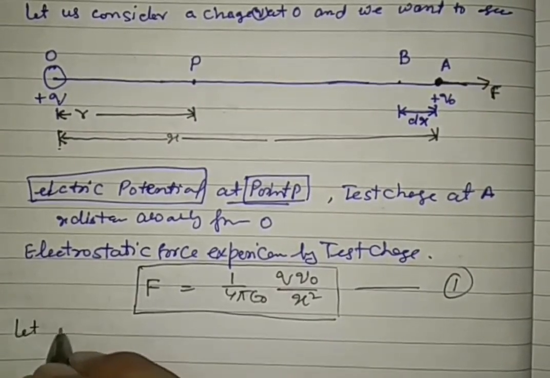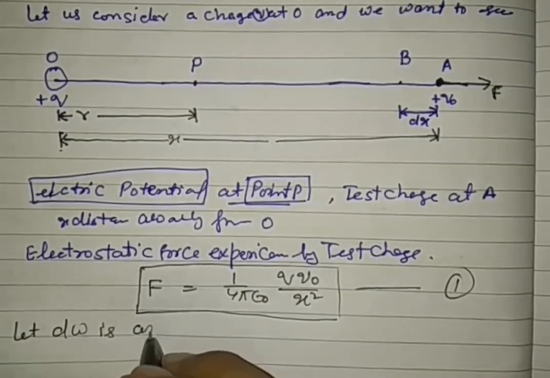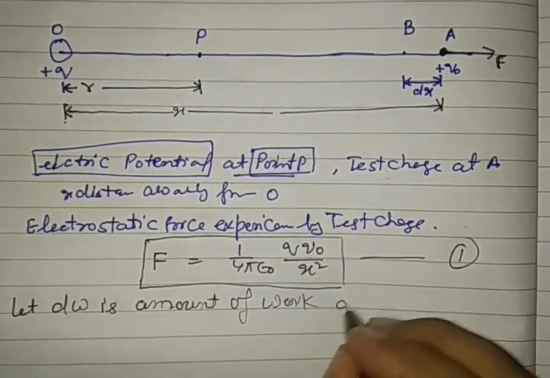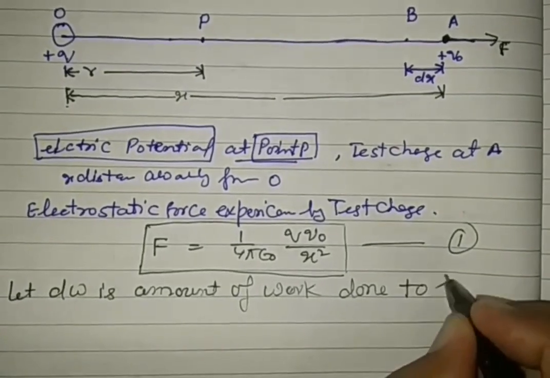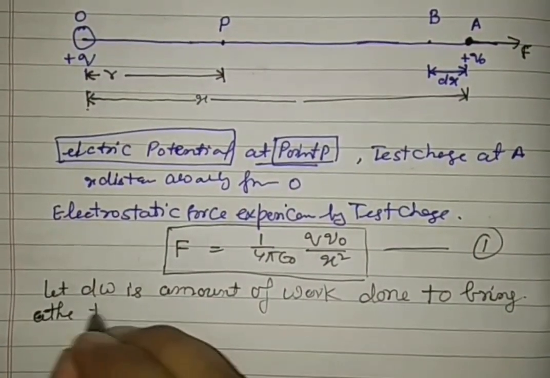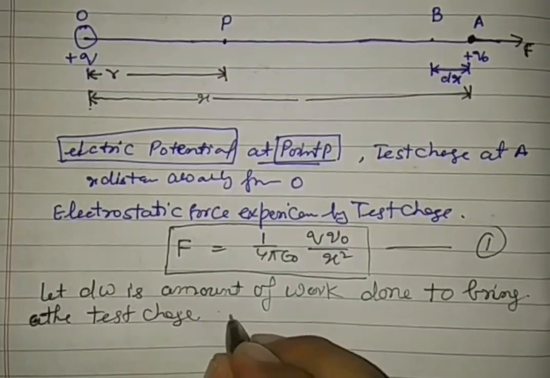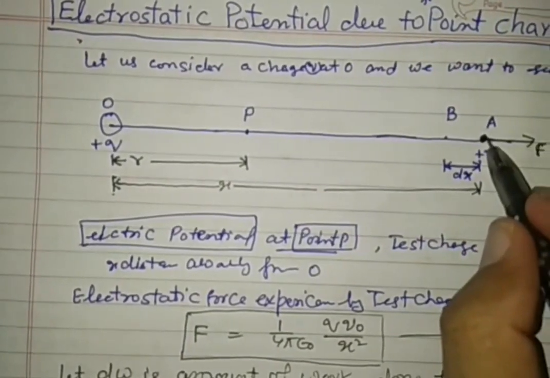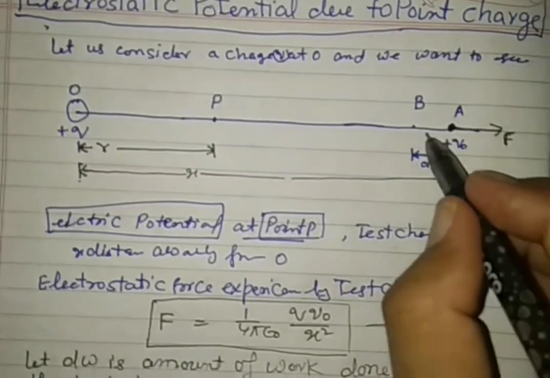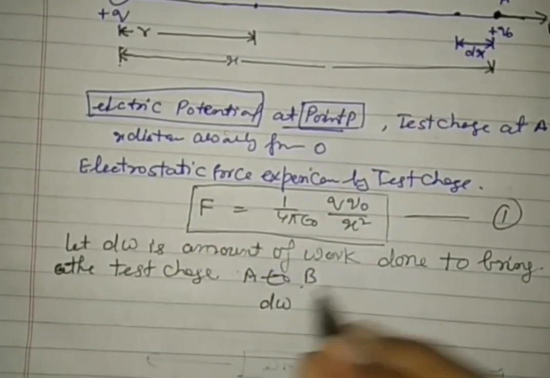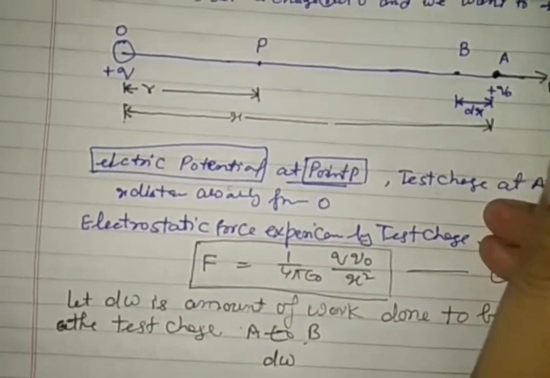Now let dW be the amount of work done to bring the test charge from A to B. See carefully, we are bringing the test charge from A to B. Its tendency is to move away from A. Then if we bring it from A to B, we want to calculate the work done dW in traveling distance dx opposite to the force acting on it.